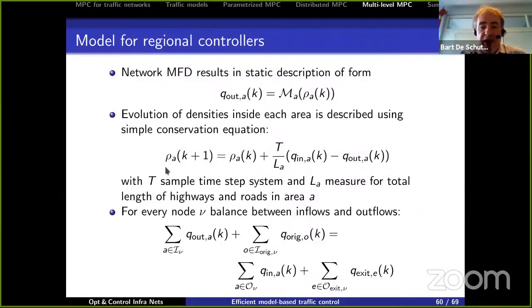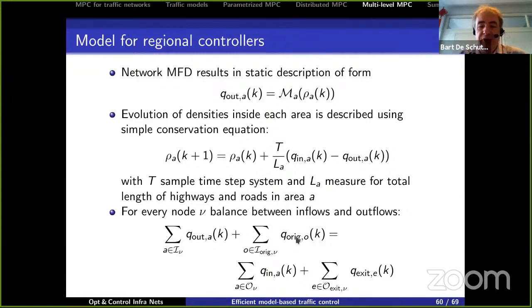Then we have a conservation law, which we have also seen before, stating that the inflow minus the outflow will provide an update of the density. And finally, we also have a balance of inflows and outflows at every node. So the outflows, both the external outflows and the ones towards the neighboring areas, equal the inflows from the neighboring areas and also the external inflow.